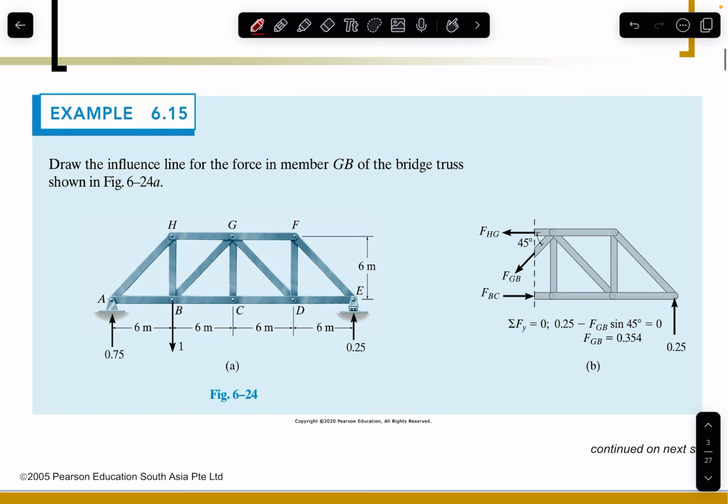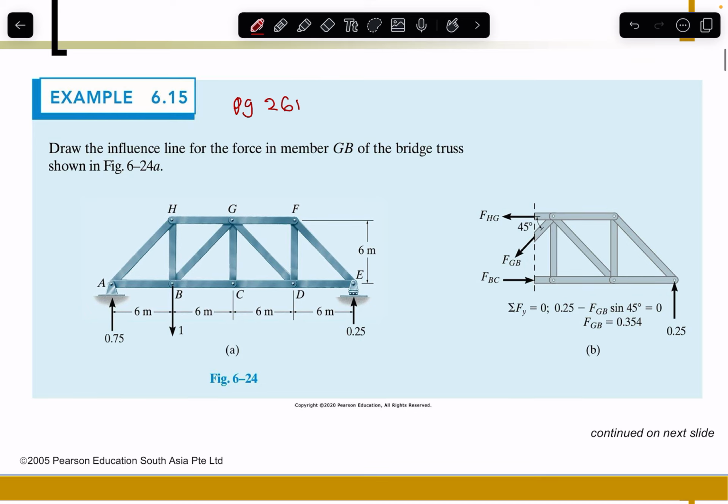Okay, for example, here we can go straight away to 6.15, in page 261. Here you have a bridge truss system shown in the figure. You have 1, 2, 3, 4, 5, 6, 7, 8 joints in the truss.